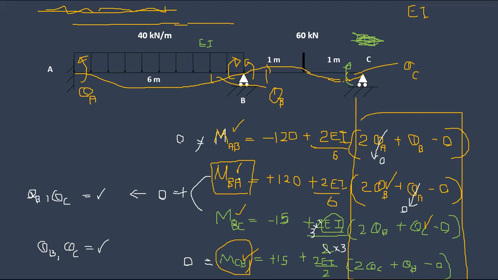So you can plug them back into this equation and find the MAB, MBA, MBC, and MCB value. This is anyway 0, right? You know the reason though.